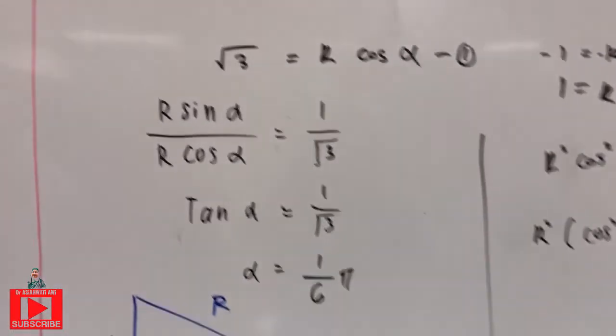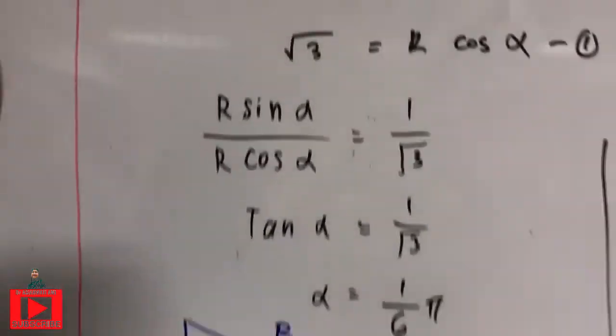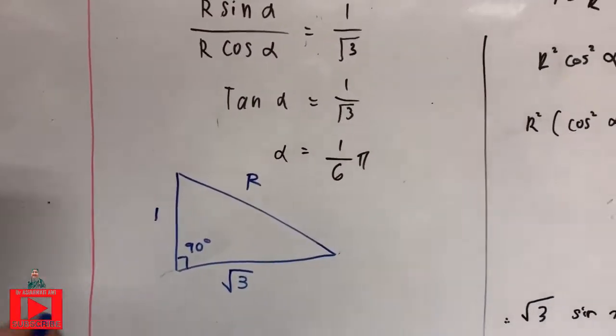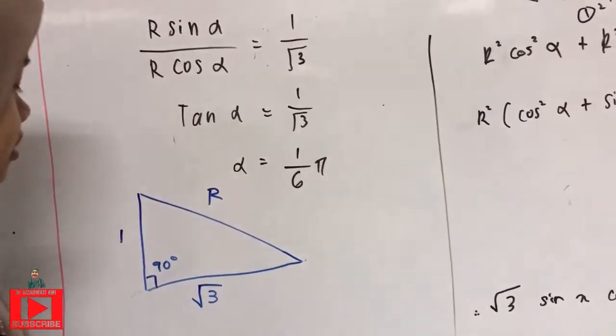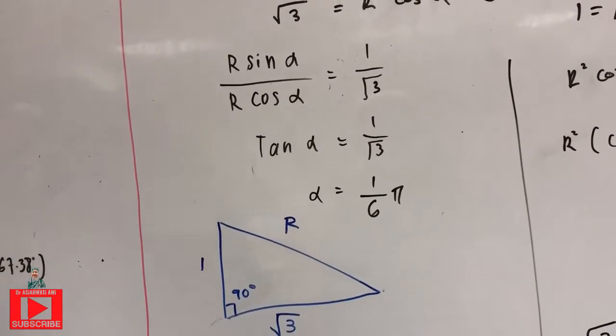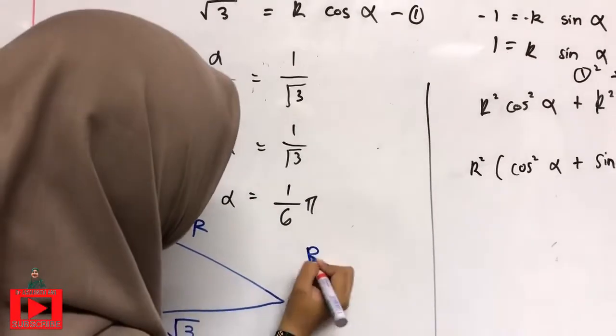Lepas tu cos alpha sama dengan set 3 over R. So find R. R equals square root. Siapa nak tu? Pakai ni ke macam ni ke doktor? Macam ni kan? R equals square root.